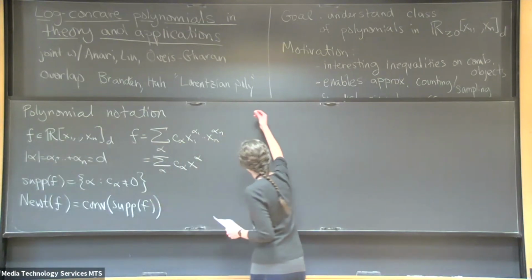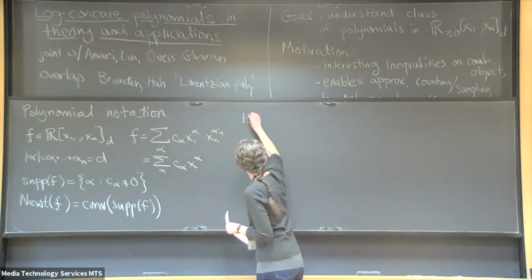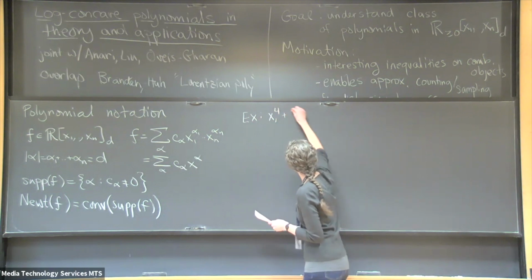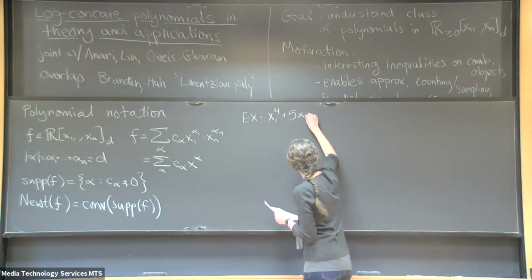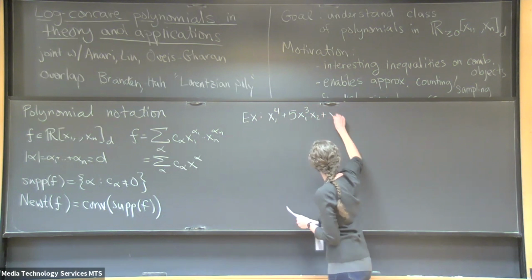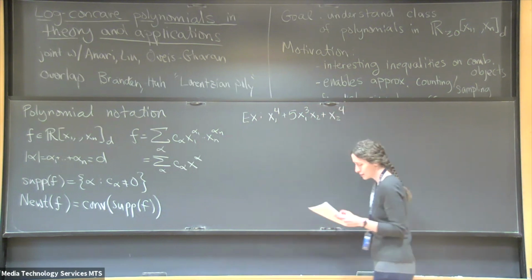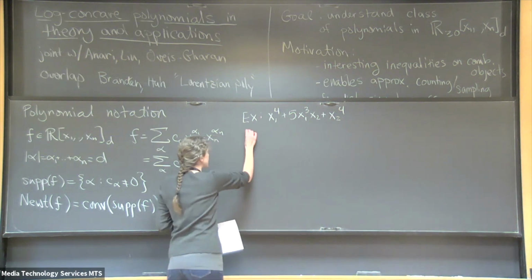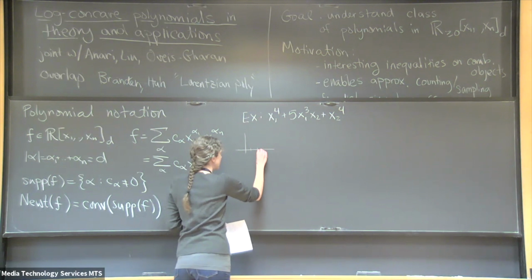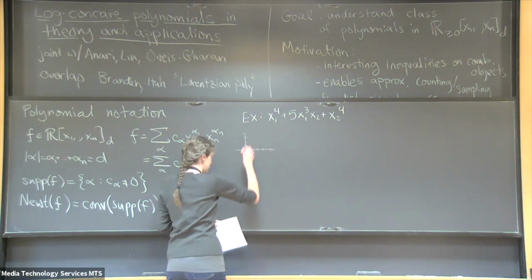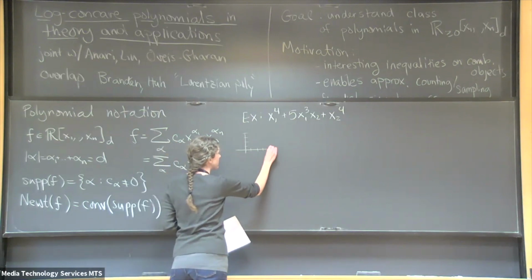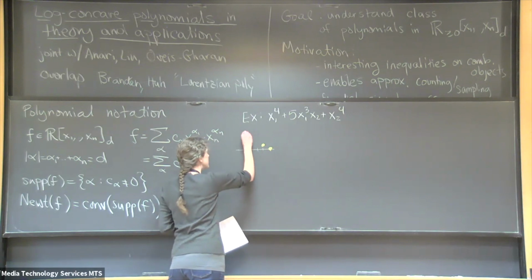So just to be super explicit, if I took x1 to the fourth plus x1 cubed x2 plus x2 to the fourth, a nice homogeneous polynomial of degree 4, then its support is 4, 0, 3, 1, and 0, 4.